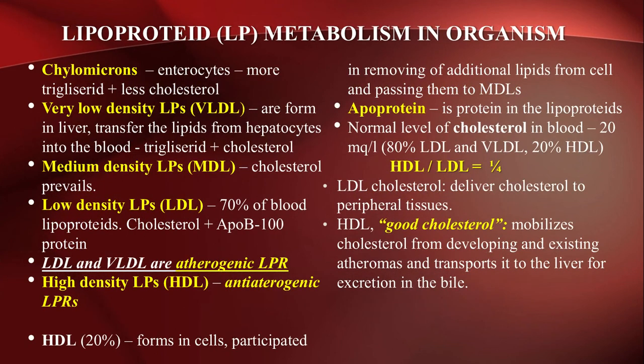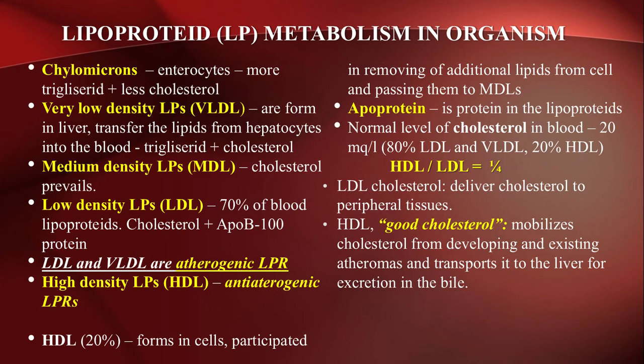Now let us repeat our knowledge about lipoprotein metabolism in the organism from the biochemistry course. Chylomicrons: you know that in the enterocytes there are chylomicrons that consist of more triglyceride and less cholesterol. Very low density lipoproteins, VLDL, are formed in the liver and transfer lipids from hepatocytes into the blood.